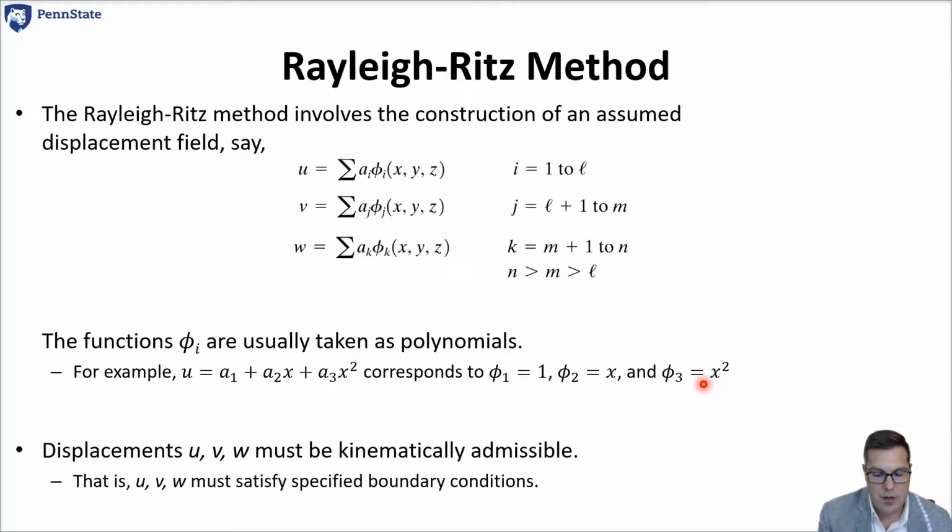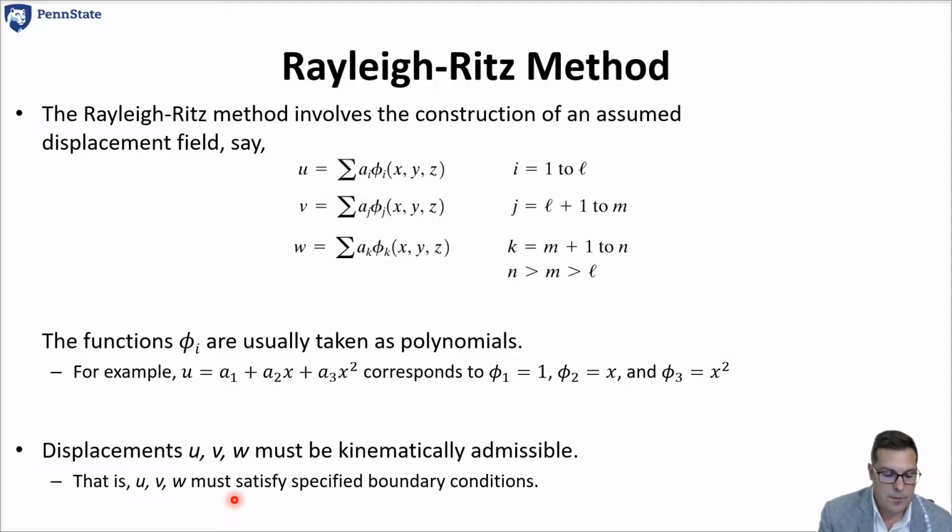And then phi3, x squared, would be here. All right, and you do that for each one of these displacements that you have. And the only constraint that we have on these is that they must be kinematically admissible, meaning that they agree with the specified boundary conditions, and they don't blow up.